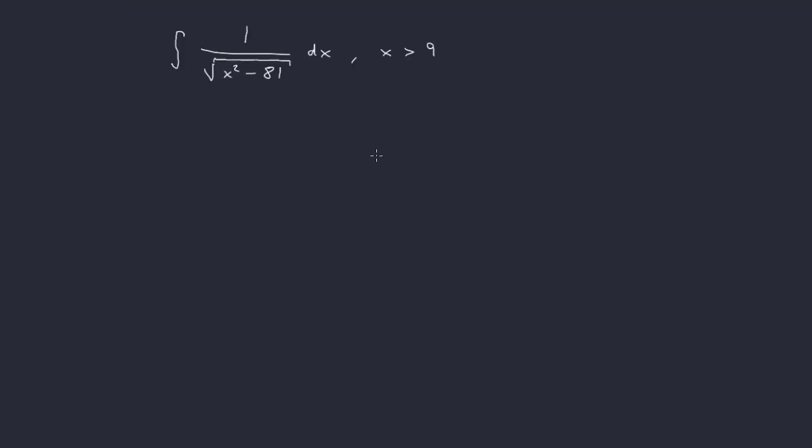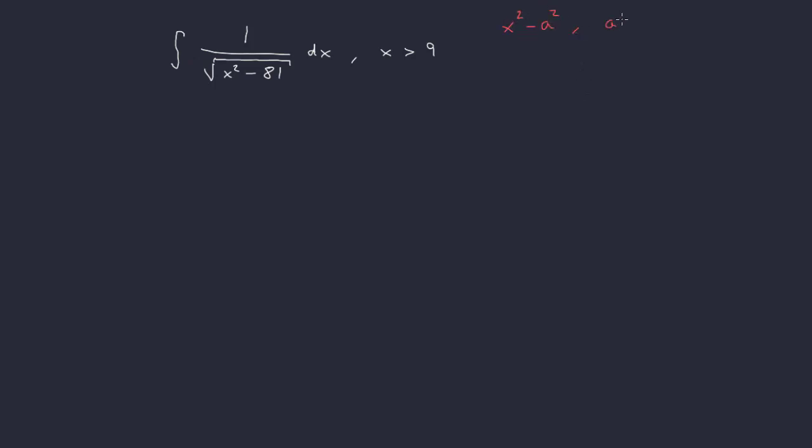Okay, so for this example, we're looking at the integral of 1 over the square root of x squared minus 81. Now, what we'll notice here is this is almost a secant pattern. To actually get the secant pattern, we need that x sitting out front here. But what we have instead is just the x squared minus the a squared.